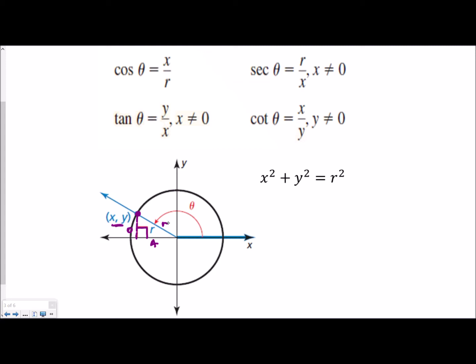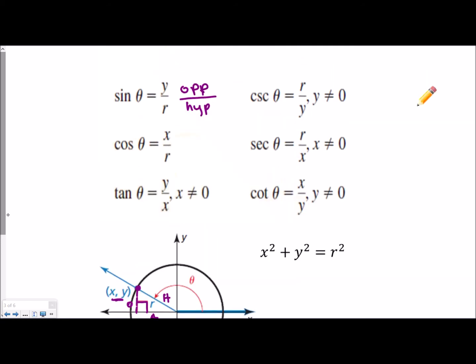Oops, that's an H. So even though I'm calling them x, y, and r, it doesn't matter, it's the exact same stuff. You just have to remember what the picture looks like. That x is the adjacent, y is the opposite, and then you just have to calculate the hypotenuse using this formula right here. And then everything else follows.